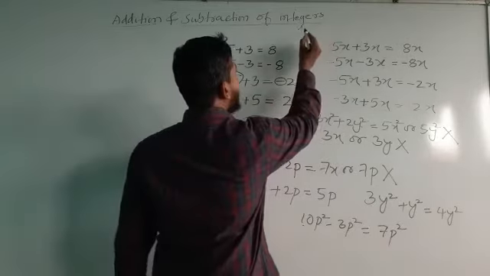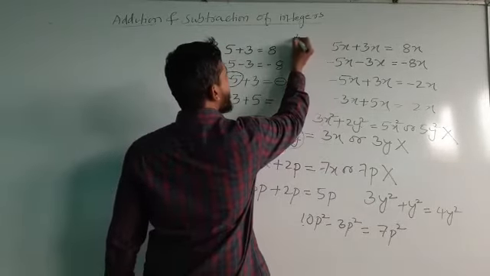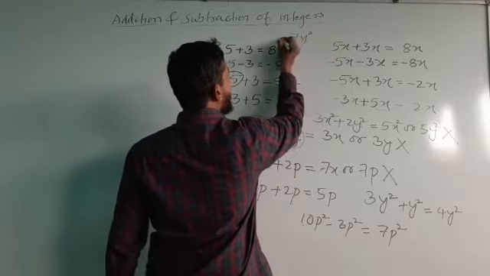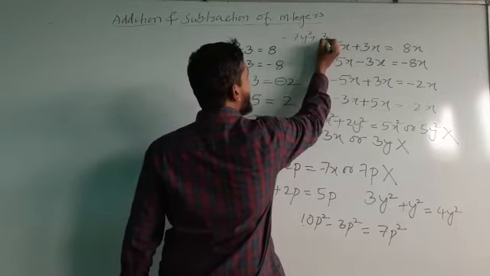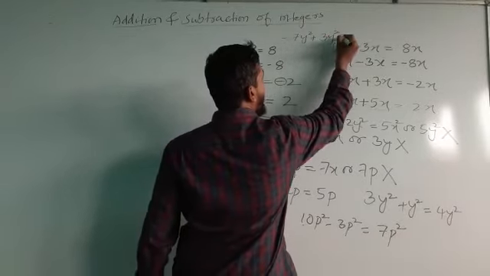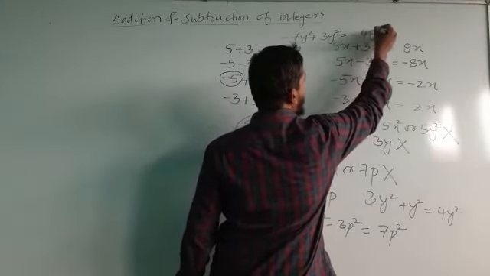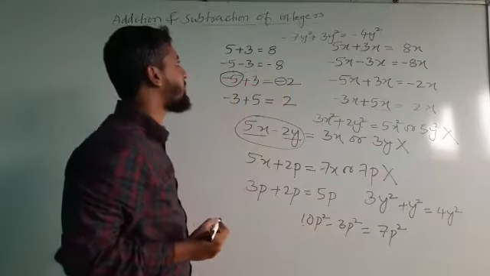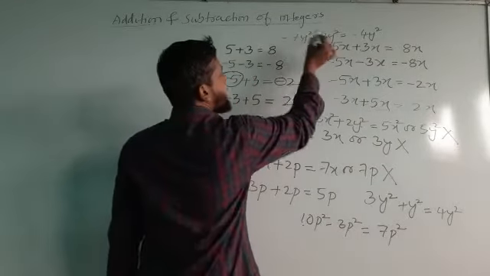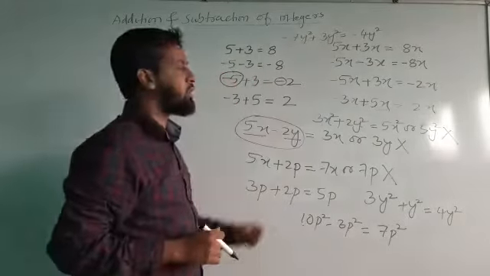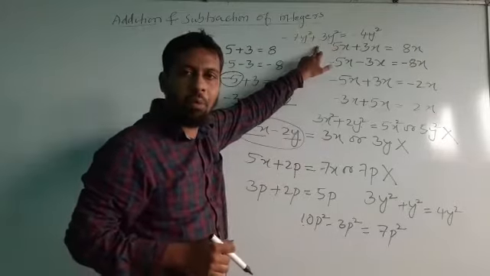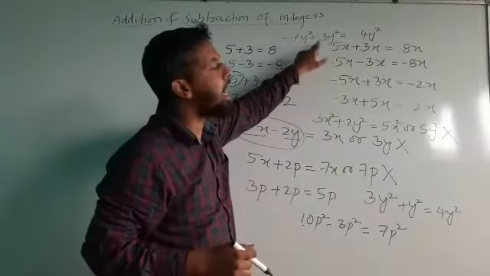Now, one more example. Suppose -7y square plus 3y square will give you minus 4y square. Signs are same or different? That is important first. First we have to see signs are same or different. Here signs are different.